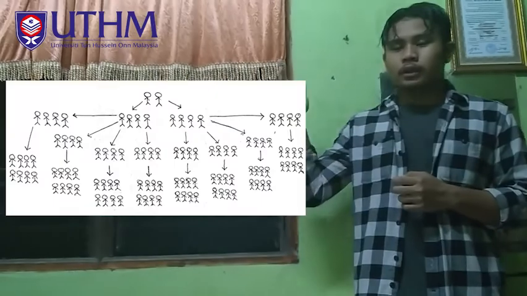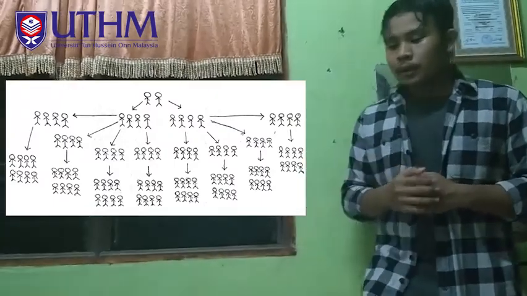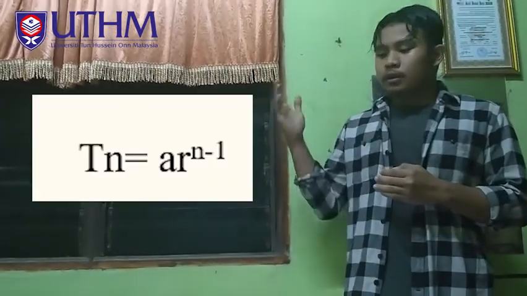So the question wants us to draw a diagram, so we're gonna put the diagram beside me. And for question 1, the difference between generations. First you need to find all members in each generation using the formula.